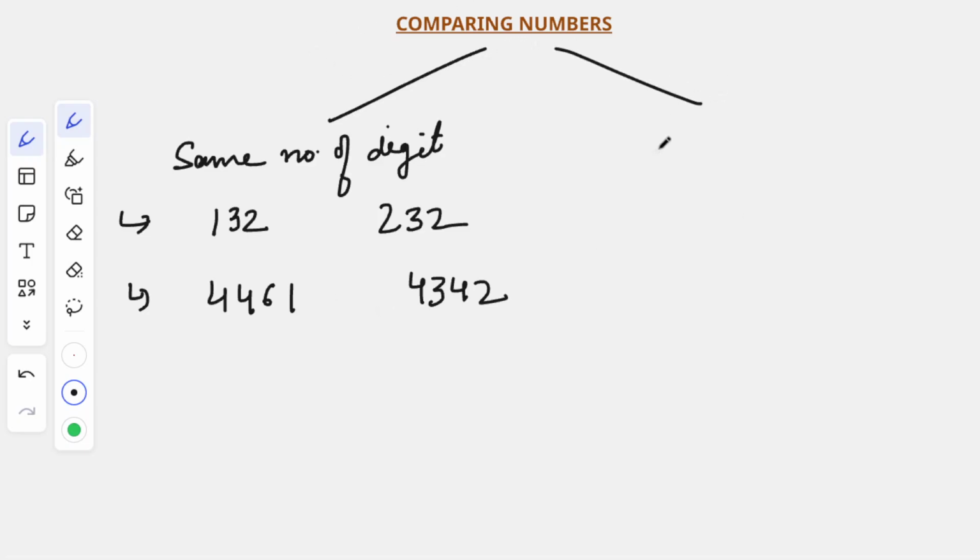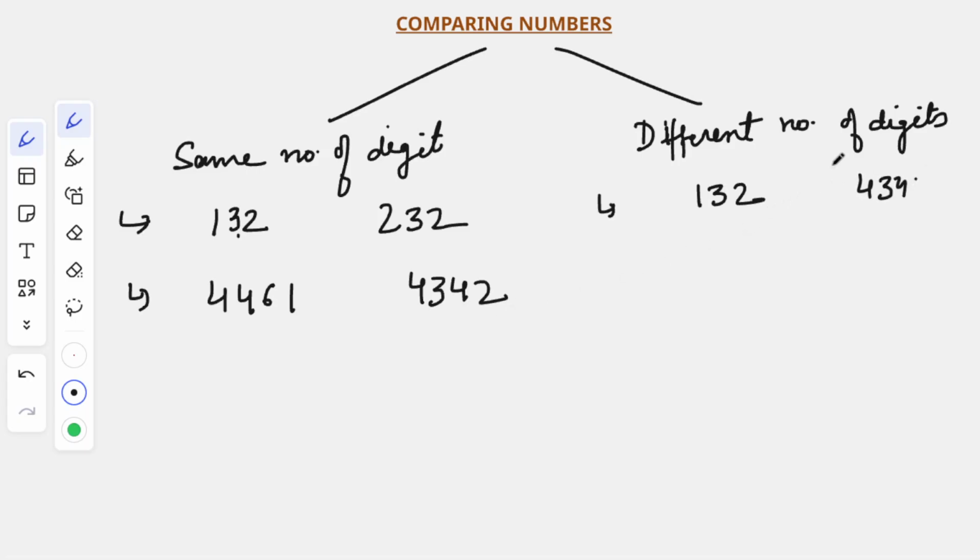Another situation may be where the numbers have different number of digits, right? Like we compare 132 with 4342, or we compare 4461 to 232.